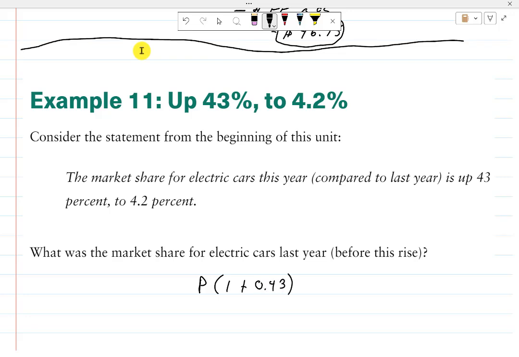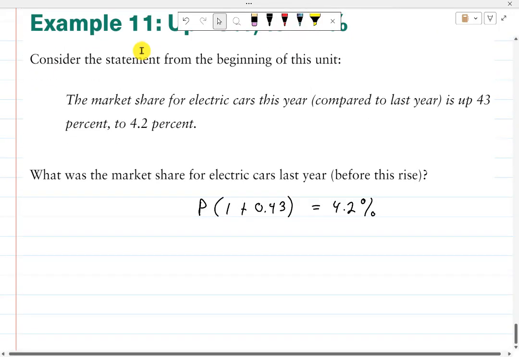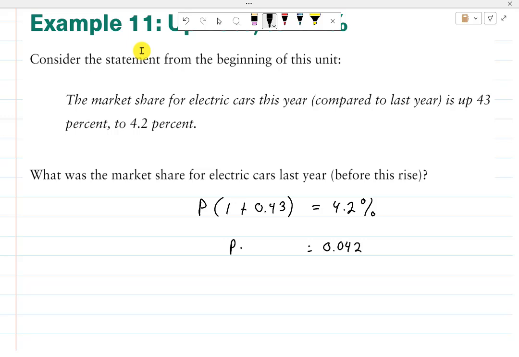That's the increase, and that's the decimal version of it. And we know that that has to turn out to be 4.2%. So let me convert everything to decimals. 0.042 is the right side. The left side is P times 1.43. Let me divide both sides by 1.43.